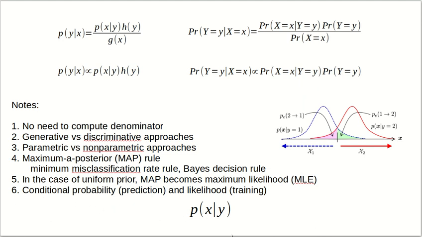So when we call this function a conditional probability, we are implying that the model y is given. We are treating this function as a function of x, the data, for a given y. So if the model is given, and we are estimating the probabilities for different x values or observation values, then we are in a prediction mode.